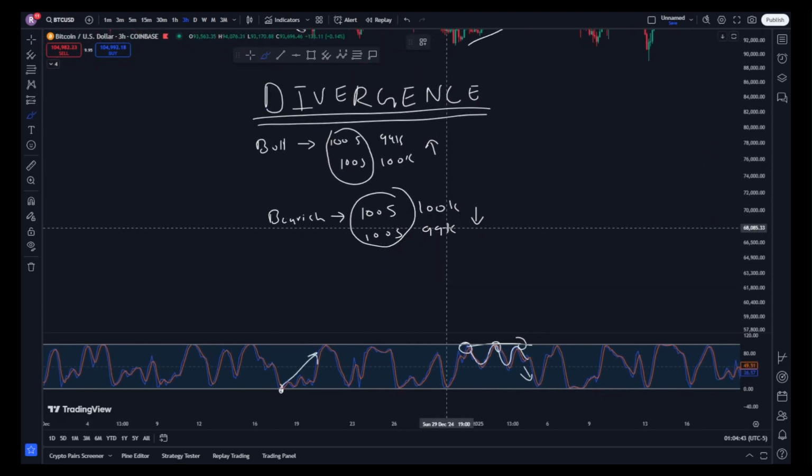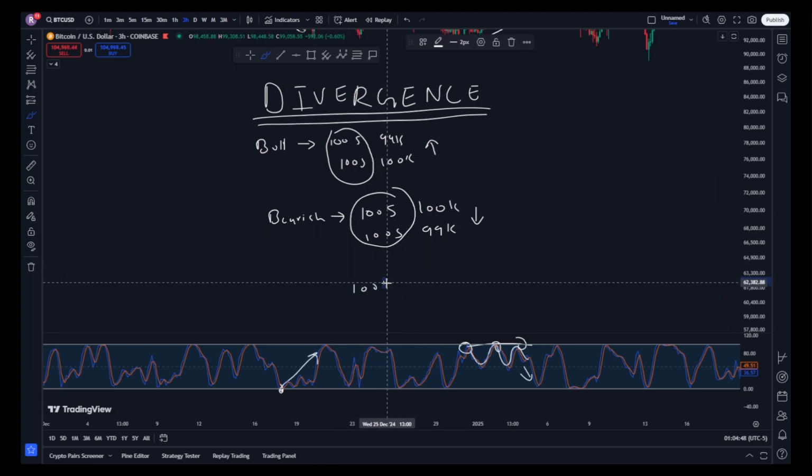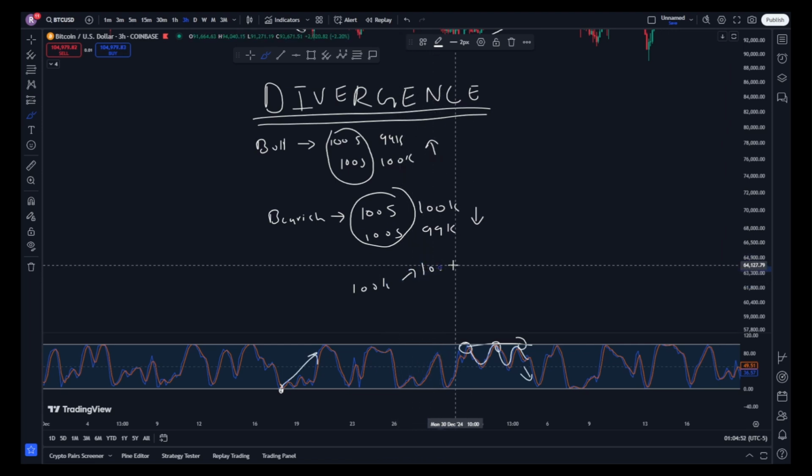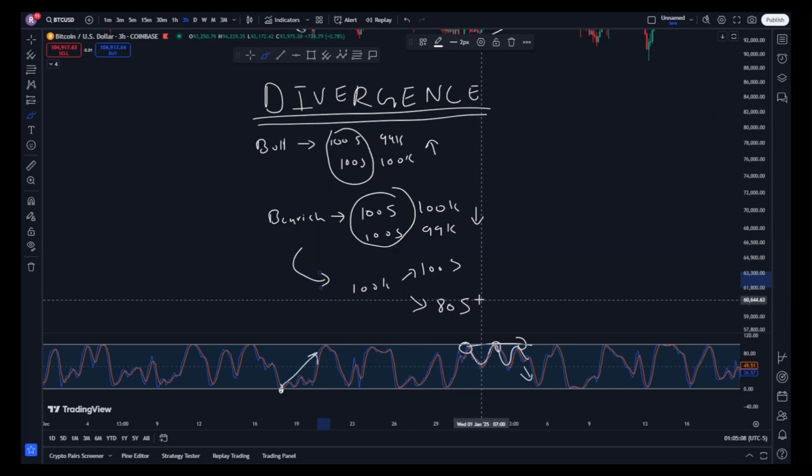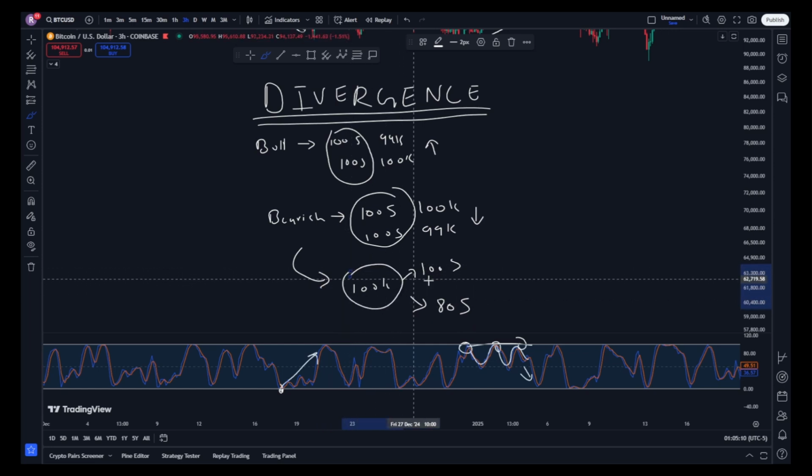So if we have, for example, the same price, so at 100K, we first have stochastic at 100, but then at 100K, we again have stochastic at 80 this time, let's say. This would be considered a bearish divergence because at the same price, we have two different levels of stochastic.